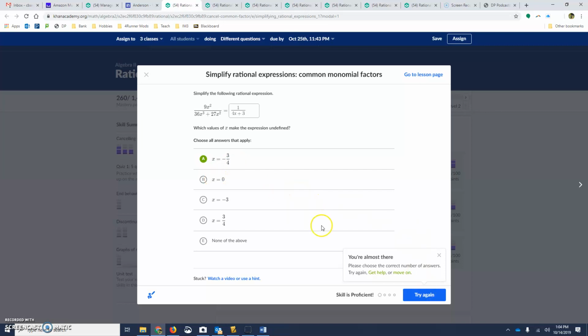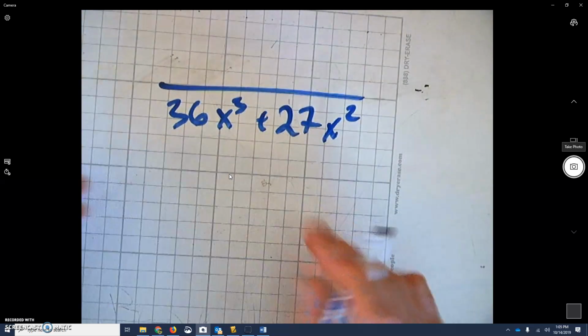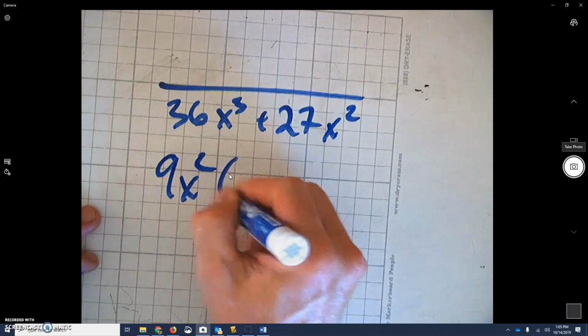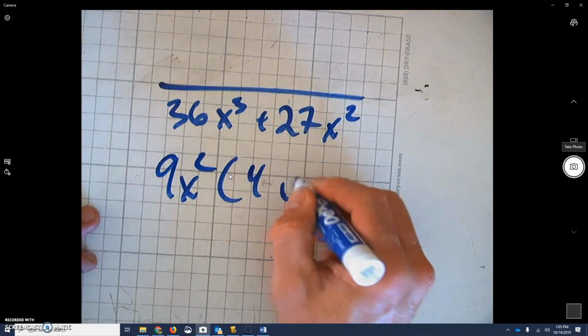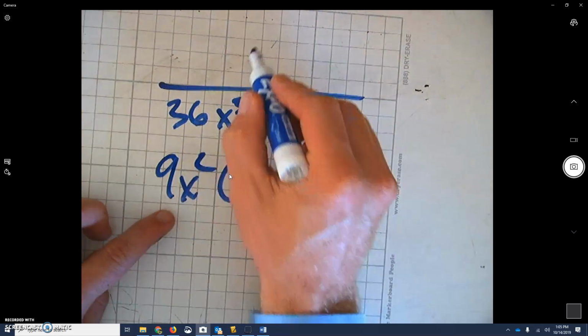Oh, I forgot something. When I factored originally, I need to rewrite. I just erased it while I was waiting. Okay, so going back to the board. When I factored out the 9x squared, we canceled the 9x squared from the top, right?